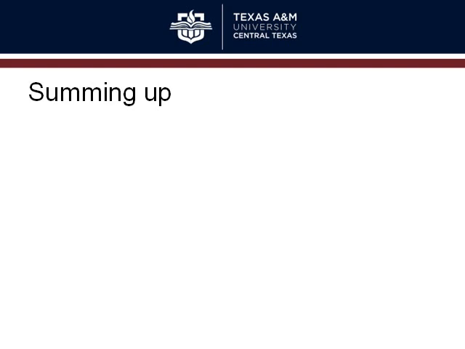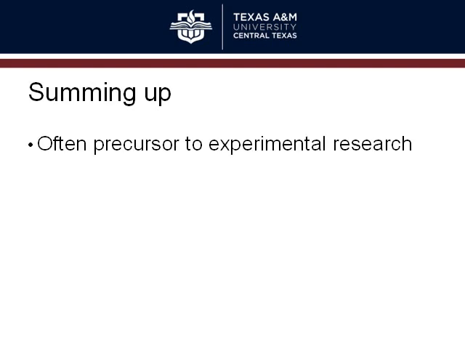Okay, so summing up the highlights: correlational and simple descriptive research. Descriptive research in general is often used as a precursor to experimental research, because ultimately our most burning questions are about cause and effect. We want to know, why did this happen? Can we make this happen? But there are several hurdles to good experimental research.